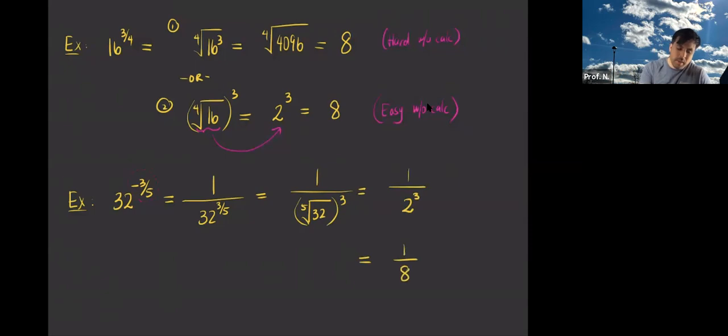And you get 1 over 8. So taking care of negative fractions, not that bad. Just make sure you make it positive, and once you have it positive, then you use the radical expression to find your answer.